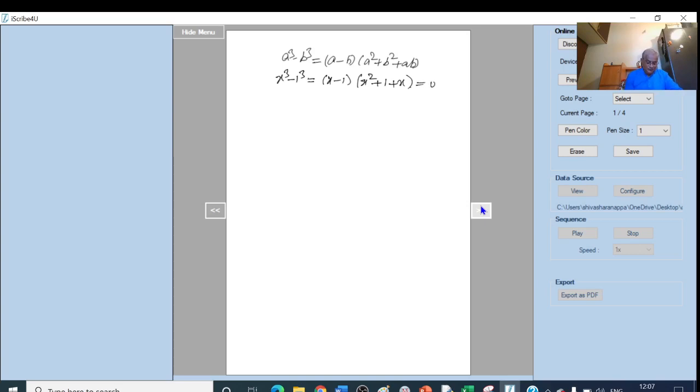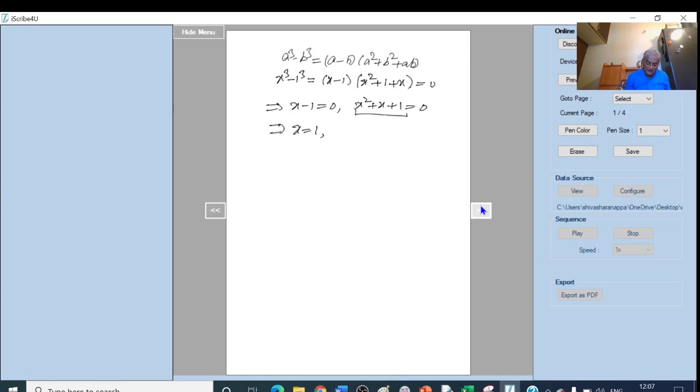This is equal to 0, which implies x minus 1 equal to 0 and x square plus x plus 1 is equal to 0. What this implies here is if x minus 1 equal to 0 then x is equal to 1 is one value, and here this is a quadratic equation.